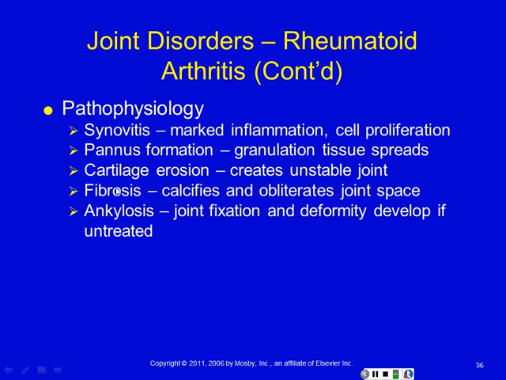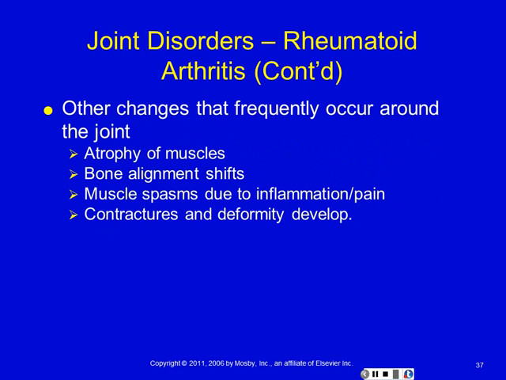The cartilage erodes just like it does in osteoarthritis. And you can get ankylosis. Ankylosis is joint fixation. This is where a joint that used to move doesn't move anymore, because either the bone has grown together or the joint capsule is so rigid and inflamed that the joint can't move anymore.